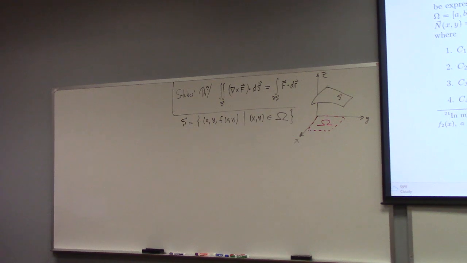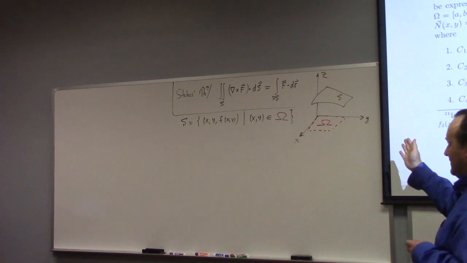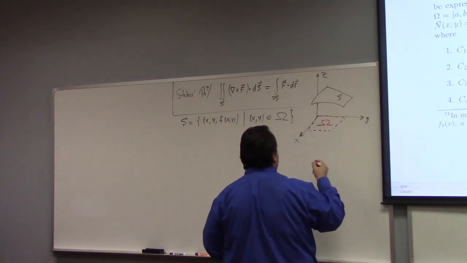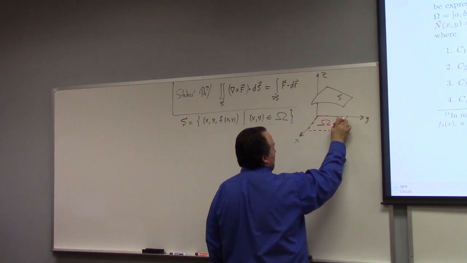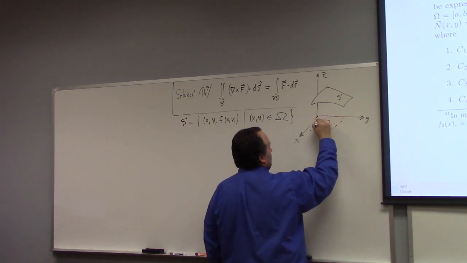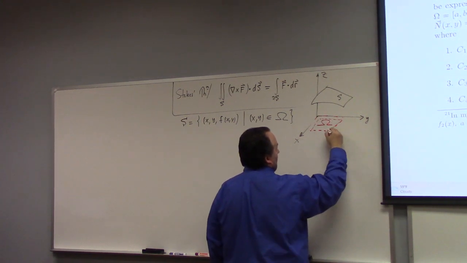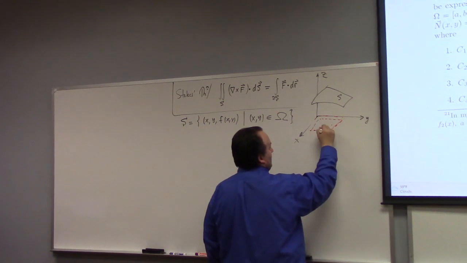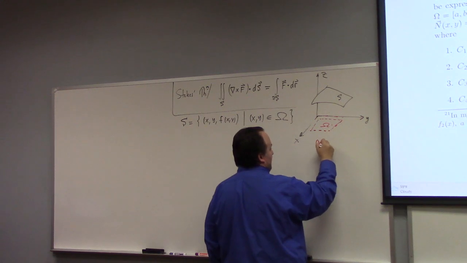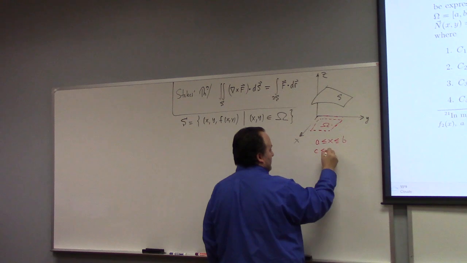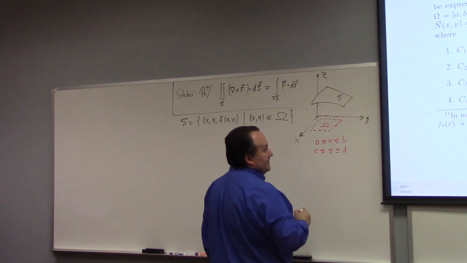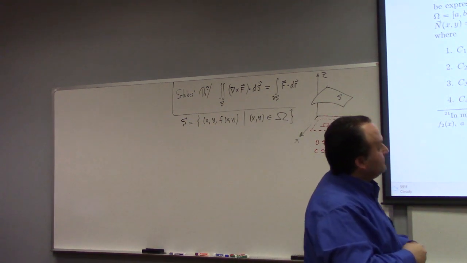I'm going to make the proof as painless as I can. My picture's not terribly far off, except that I haven't assumed 0 for bounds, so maybe my picture should look a little more like this. So the parameter range is a less than or equal to x less than or equal to b, and c less than or equal to y less than or equal to d, if I remember right.